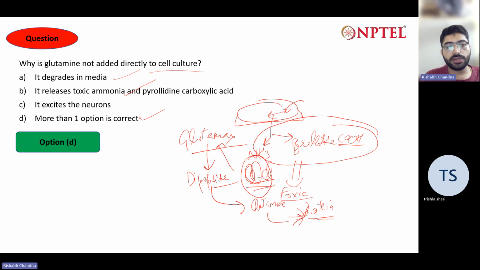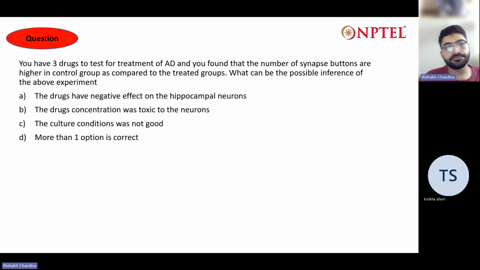Okay, now let's move on to the next question. So you have three drugs to test for treatment of Alzheimer's disease. AD is a short form of Alzheimer's disease. And you found that the number of synaptic buttons is higher in the control group as compared to the treated groups. What can be the possible inference of the above experiment?